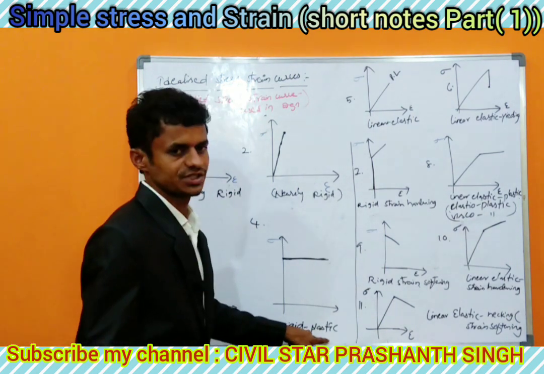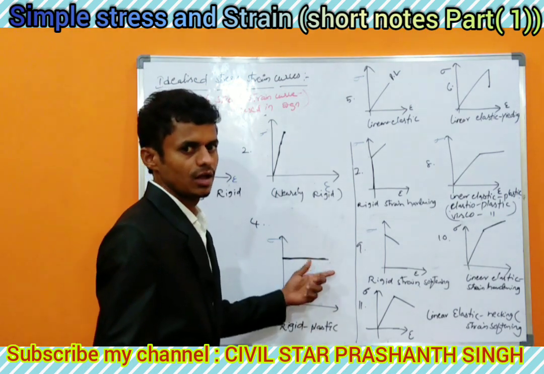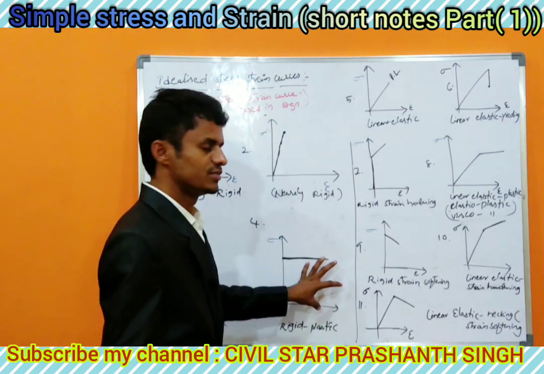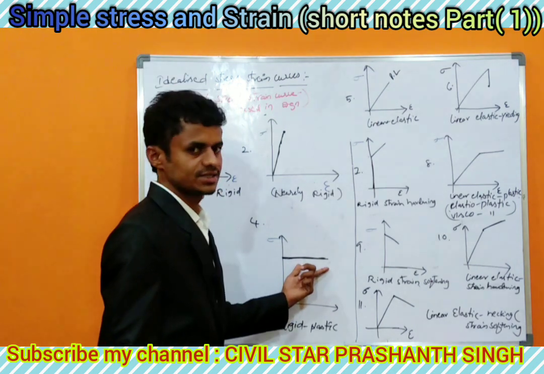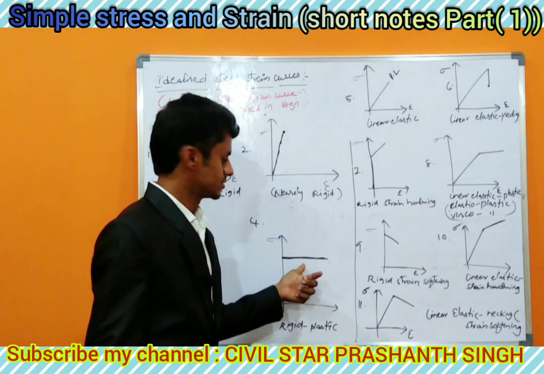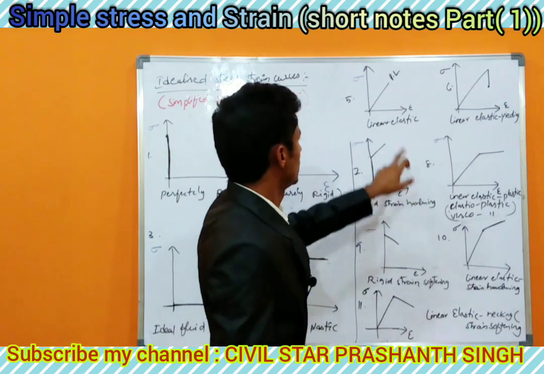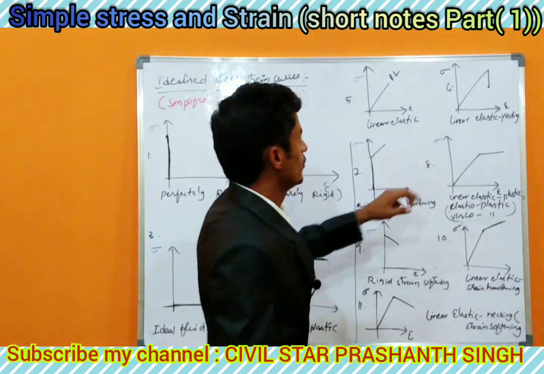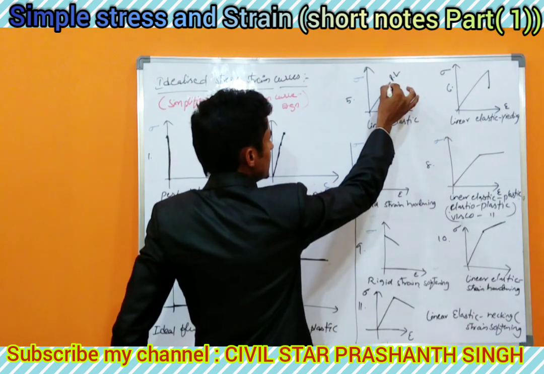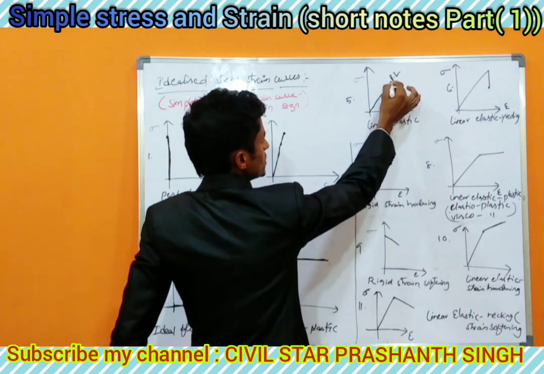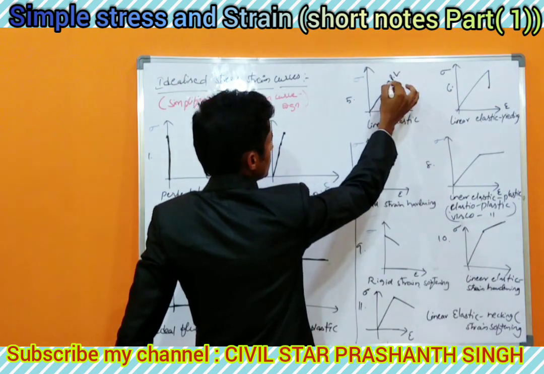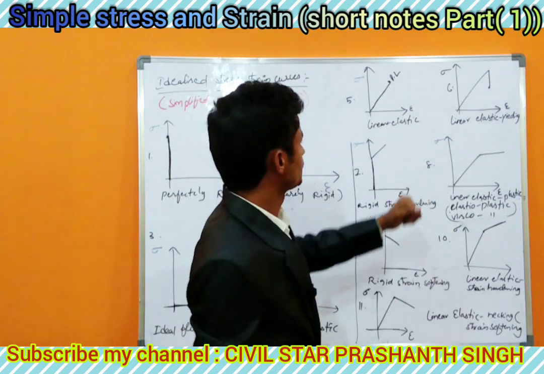Next one, rigid plastic. It is a straight line at some distance away from the x-axis and perpendicular to the y-axis. In this way you can remember it. Next one, linear elastic. It is a linear diagram up to the proportionality limit, up to PL.